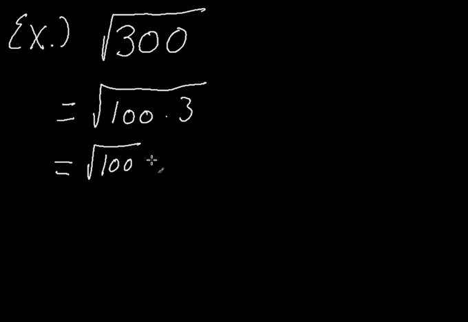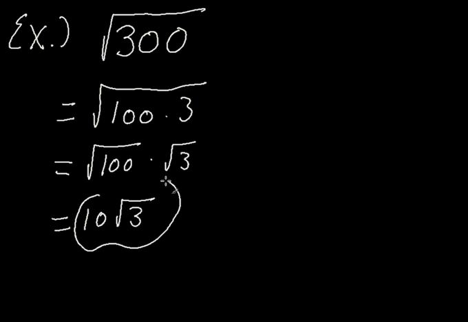The square root of 100 times the square root of 3, and the square root of 100 is 10 because 10 times 10 is 100. Again, I'm left with the square root of 3. This is irrational, so I can't further simplify that. That would be a simplified version.